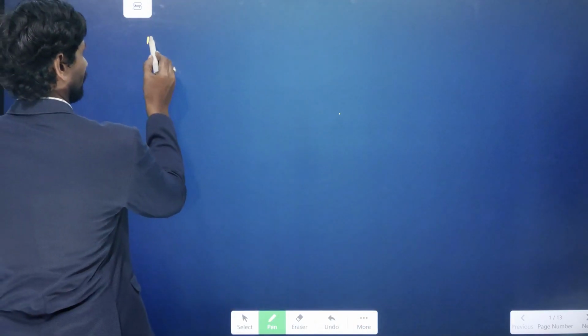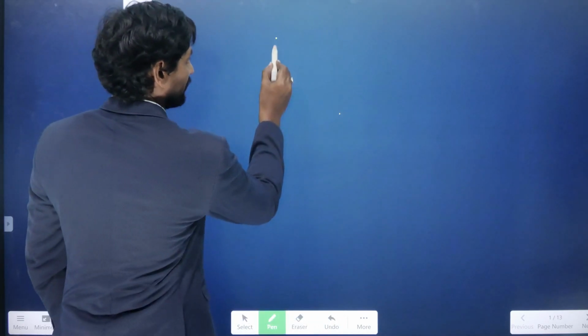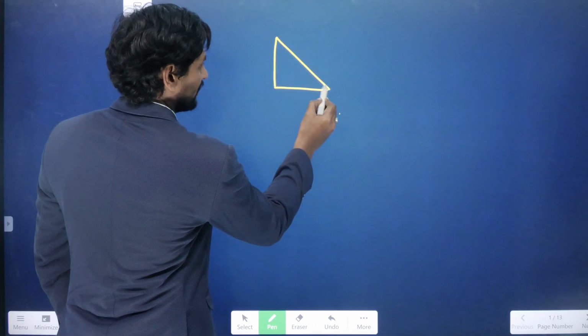Today we are going to discuss a continuation of the problems. Let us see the 12th question. In triangle ABC, if angle B is 90 degrees, let me draw the rough diagram here. So angle B is 90 degrees.